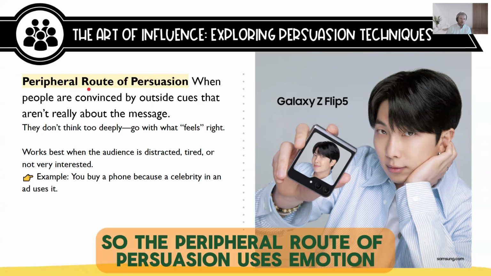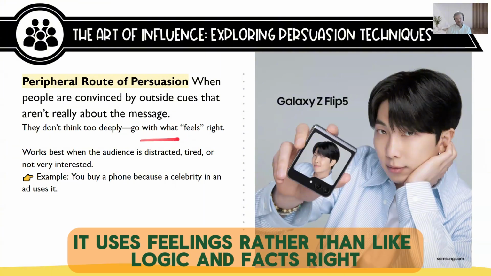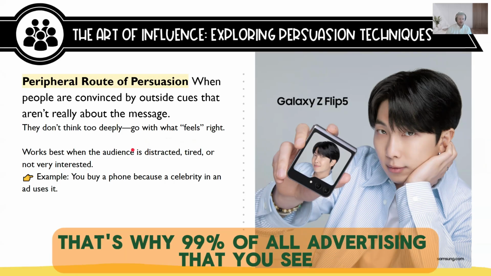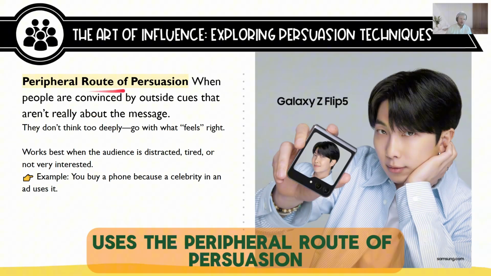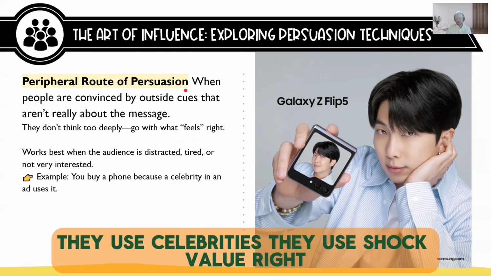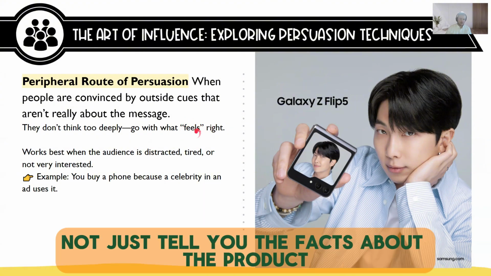So the peripheral route of persuasion uses emotion, it uses celebrities, it uses feelings rather than logic and facts. And this is very effective. That's why 99% of all advertising that you see uses the peripheral route of persuasion. So they use songs, they use colors, they use comedy, they use celebrities, they use shock value, right? They want you to feel the product, not just tell you the facts about the product.